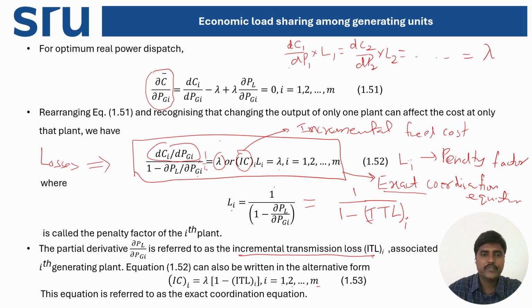Each and every term represents the product of its penalty factor and incremental fuel cost. So the product of incremental fuel cost and penalty factor of each and every unit should be equal, and that should be equal to lambda. That gives you the condition for optimum allocation of load among various n number of units when you consider the transmission losses.